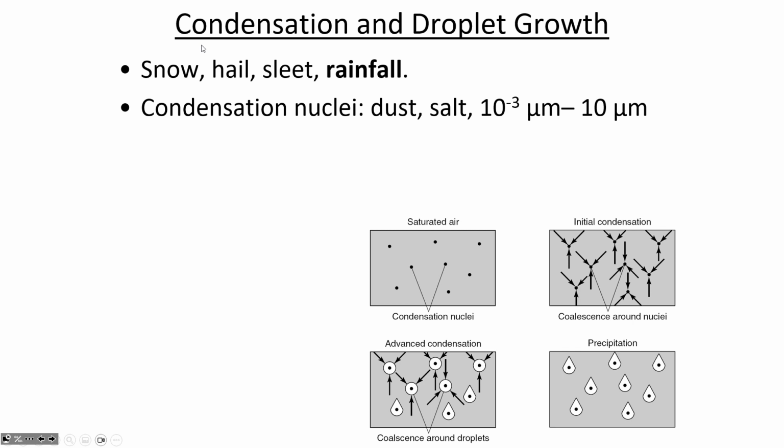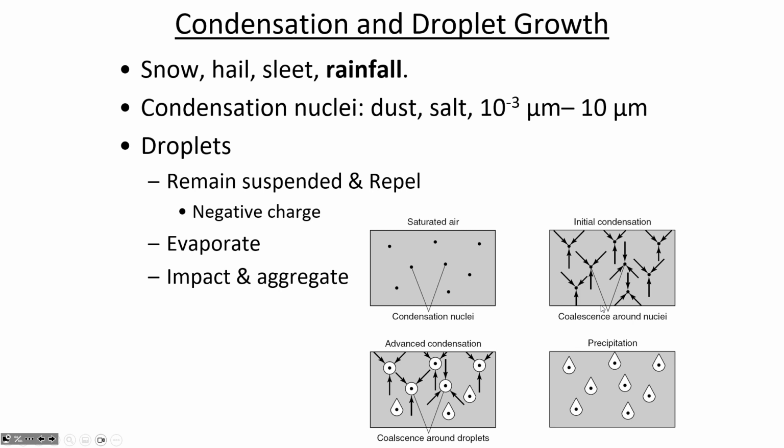Sometimes there are inversions where you can have a layer of warm air between cold layers. And so hail occurs when a moisture droplet is falling downward and it goes through a freezing layer, but then it's blown back up again. And so it's kind of going up and down through this cycle of accumulating more precipitation on the outside of it through condensation and through impact with other liquid moisture, and then falling through the freezing layer.